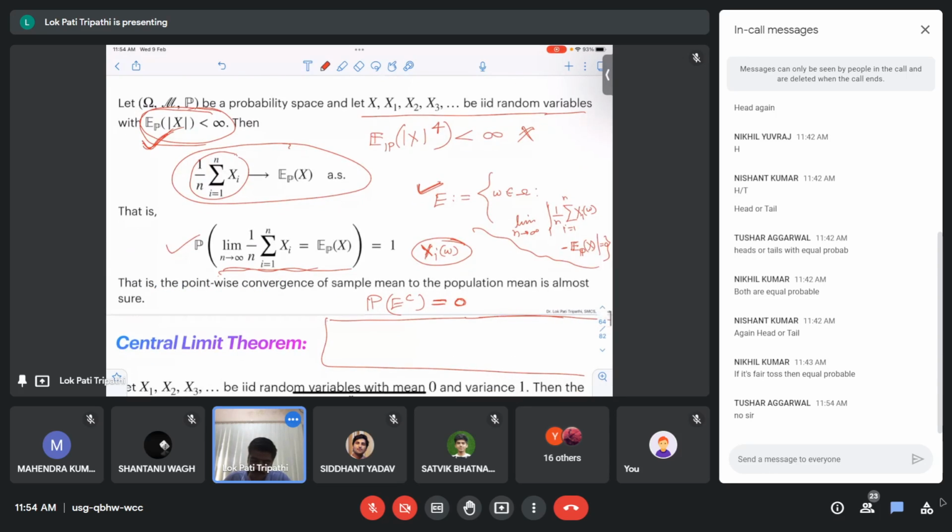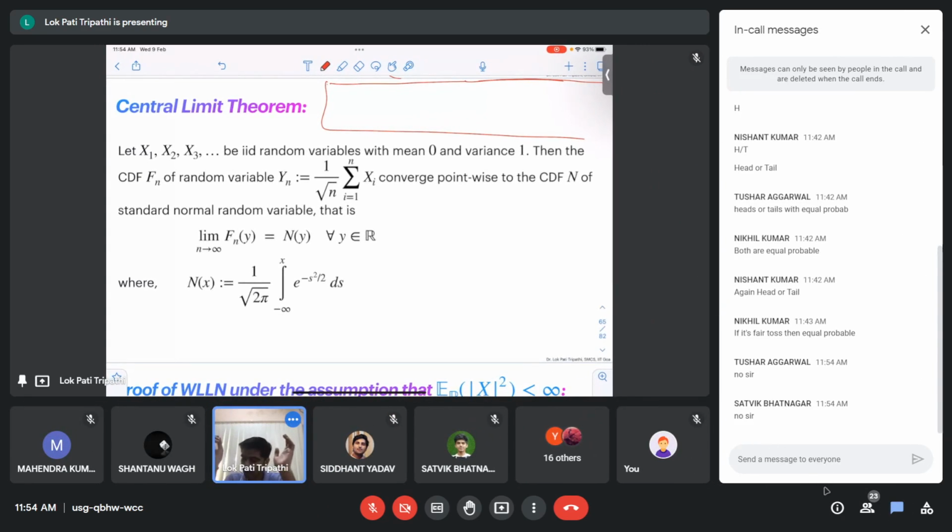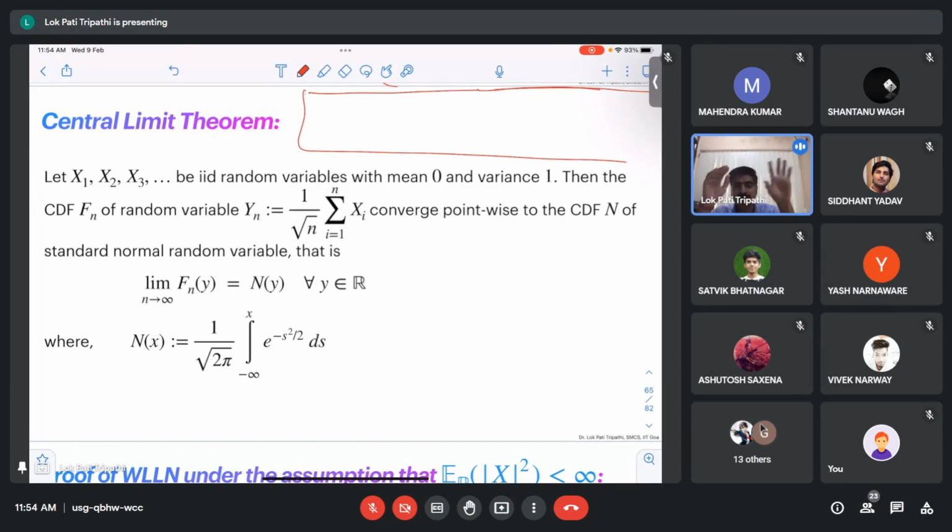Okay, let us look at another important result called the central limit theorem. From the law of large numbers, weak or strong, what you have seen is that if you have a random sample from a population, then the sample mean converges to the population mean, in a certain sense, under the condition that the population mean must be finite.